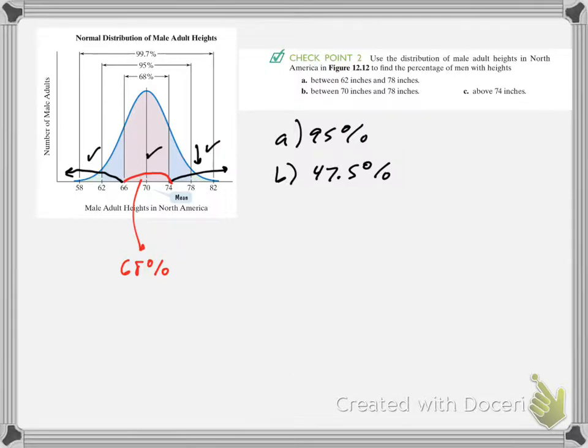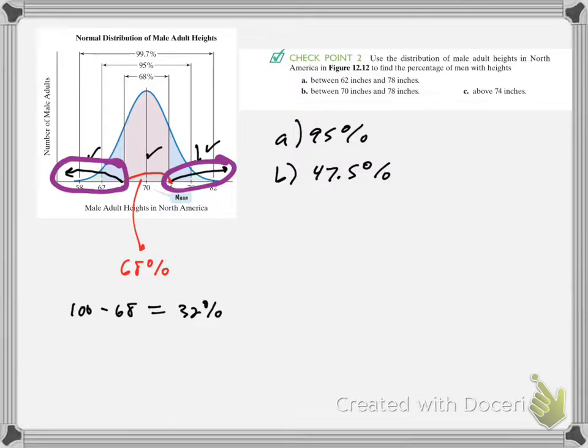Agreed? Okay, so if I take 100 minus 68, I get 32%. And these two wings have to both add up to 32%. But both of them are equal, right?